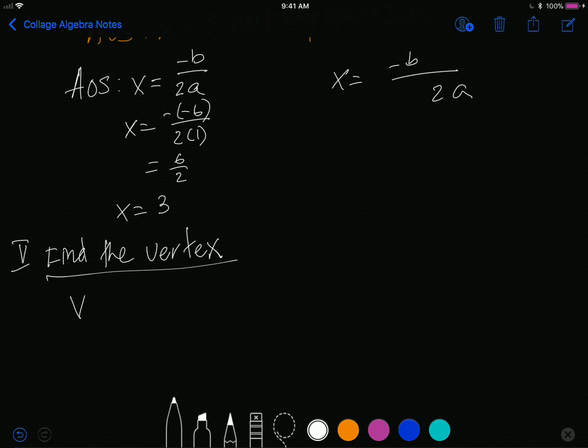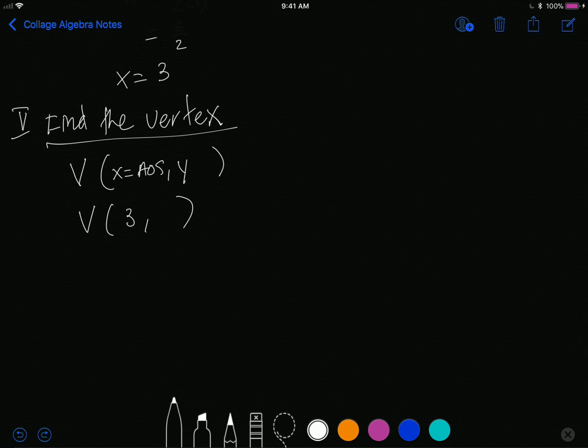The vertex V is always x equaling the axis of symmetry, and the y value you have to calculate. For this graph, I have already found the axis of symmetry, so my vertex will be at 3, and to fill in the missing point, I just use the equation of the graph.